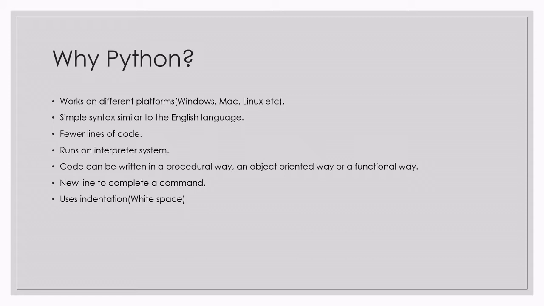Python uses few lines of code to perform an operation. That means Python code is very compact compared to other programming languages. Let me show you. Here, if 20 is greater than 10, then it is going to print "20 is greater than 10".